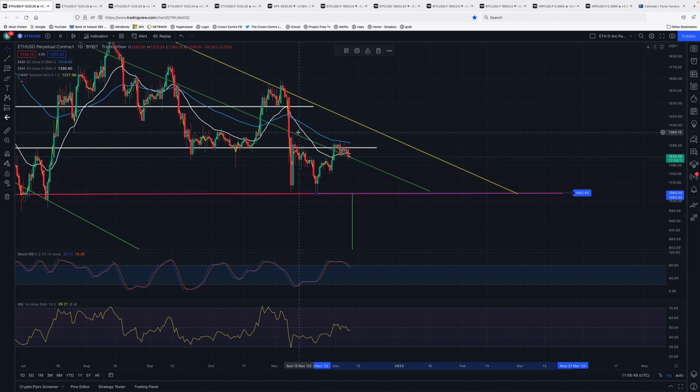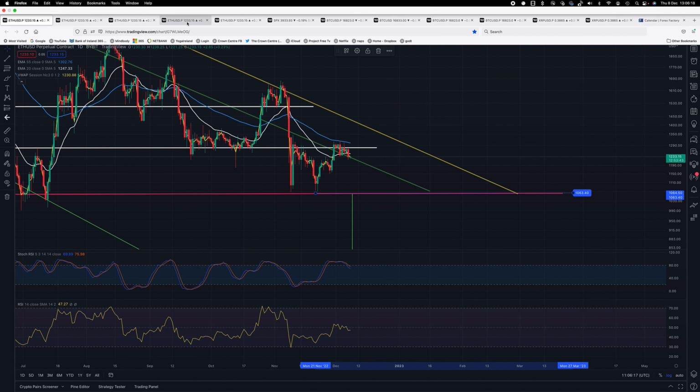We need to close below the 20 EMA on the daily today as well, and the downturn is confirmed, and the strongest signal of a lift has failed, because crossing over the 20 EMA to my mind is one of the strongest signals that we've had lately. So this has failed. We have the stochastic on the daily turning down, the regular RSI failing to meet and cross the midline. The trend to me seems very clearly downward.